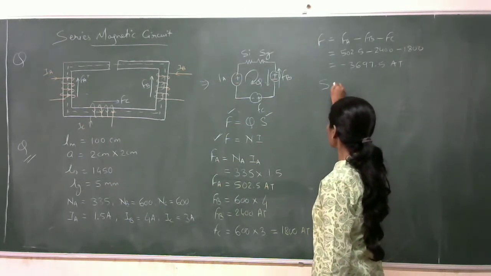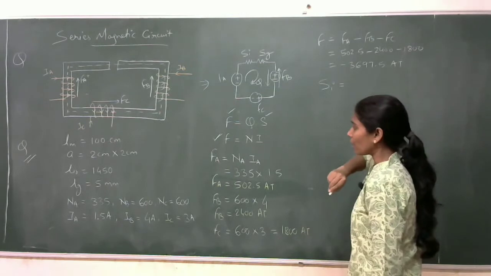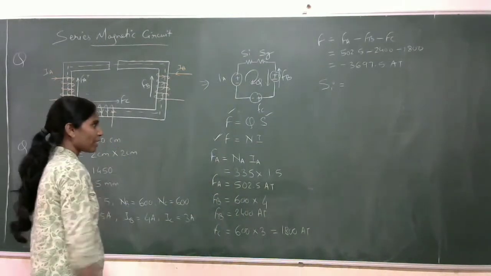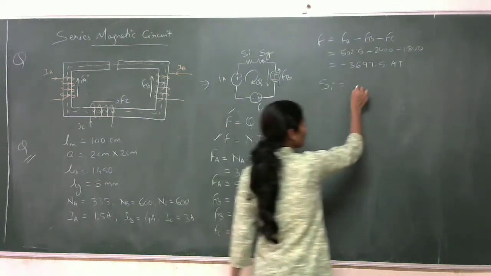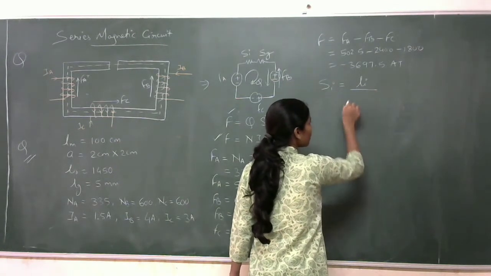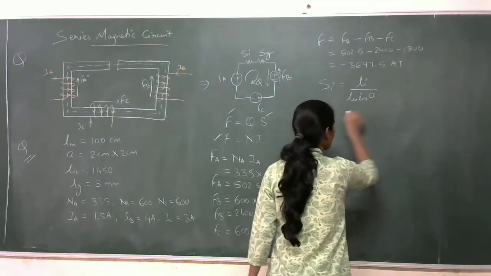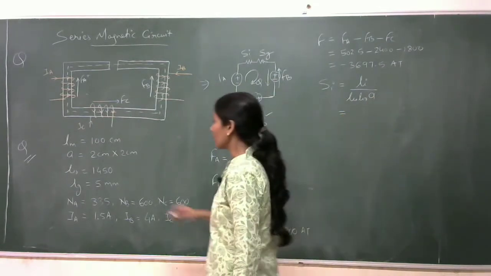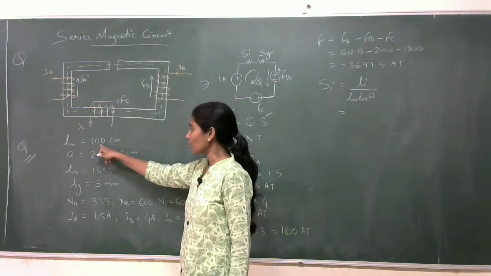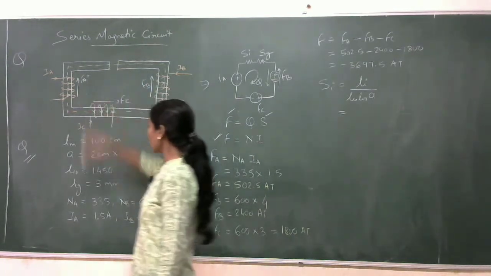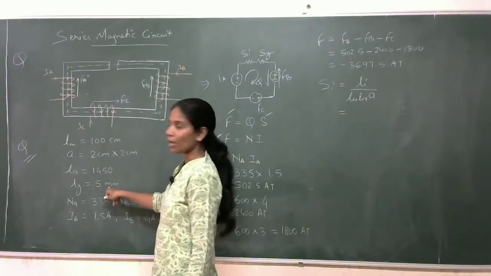I have two types of reluctance, that of the iron ring and that of air. First we'll check the reluctance of the iron ring. The formula is the length of iron ring divided by mu naught mu r into cross-section area. The length of the iron ring is given as 100 centimeter, and this length is given for the complete section where I have an air gap of 5 mm.